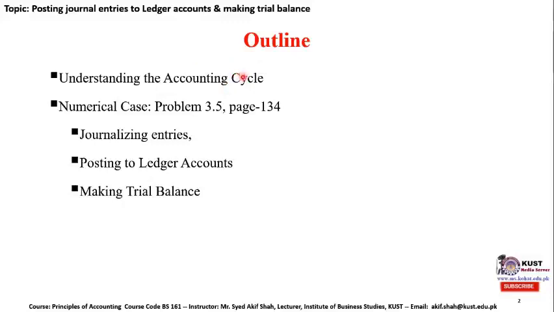And on the basis of that economic event, we are going to journalize that entry. After journalizing properly, we are going to use the same cycle for the next step, which is step number 2, to post the journal entries by selecting the relevant information and posting them into the ledger accounts.